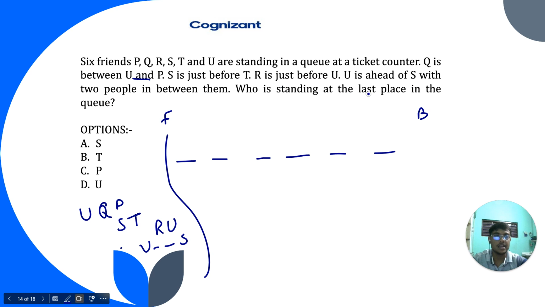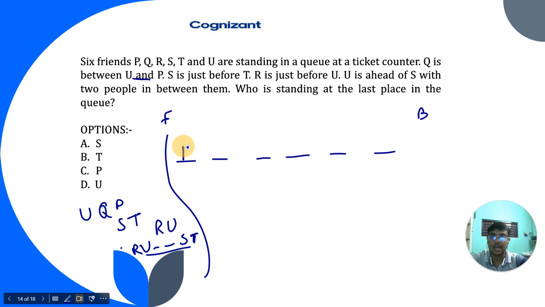Who is standing at the last place in the queue? If we see this, here are at least four people and after S there is T. That means there are five people in the queue up till now, and again R is before U, so all six people would be done in this arrangement.